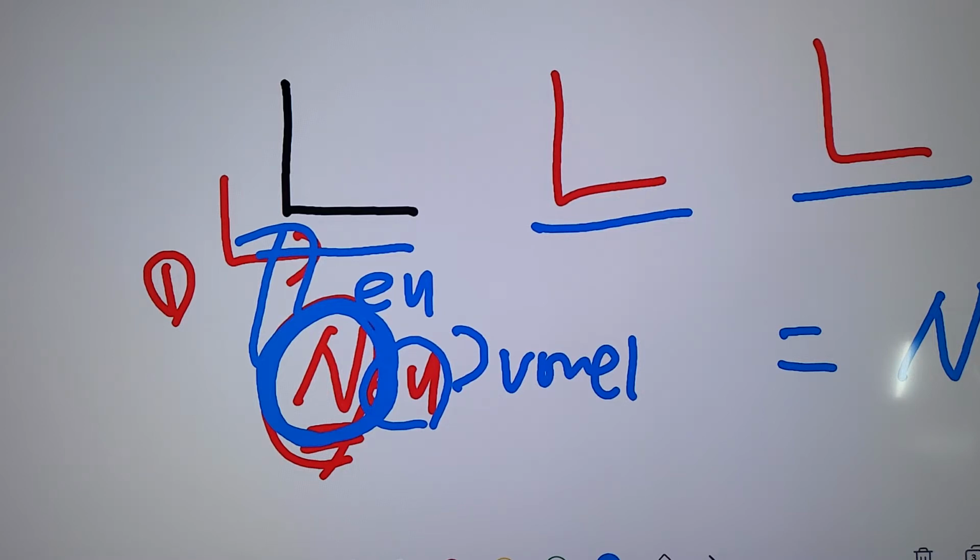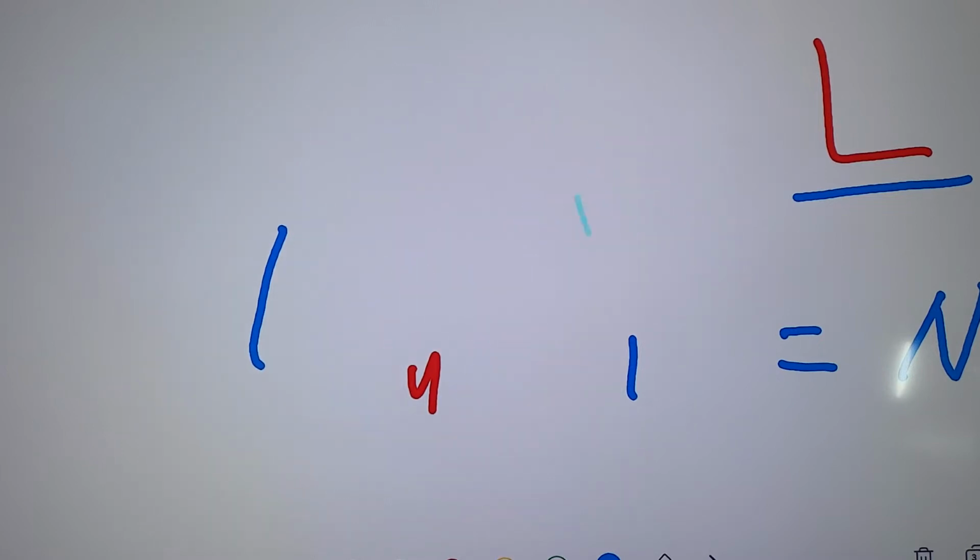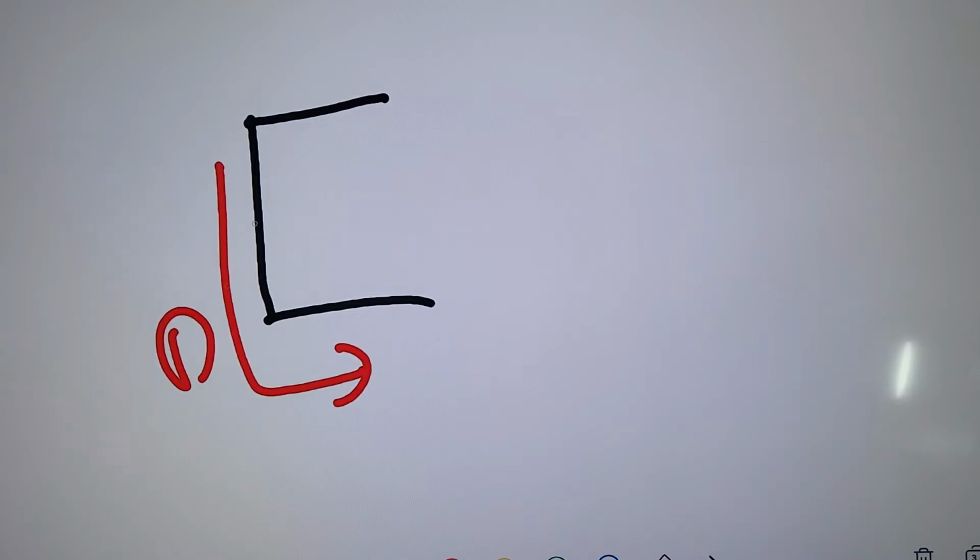Then next one, I'm going to delete again. Next one is this one. As you can guess the shape, the original shape of this one, and then you're adding one more stroke on top, making a new consonant, right?